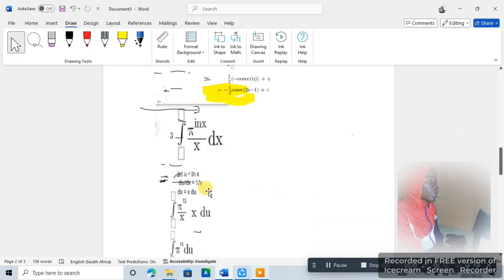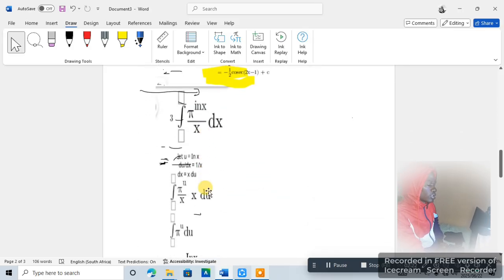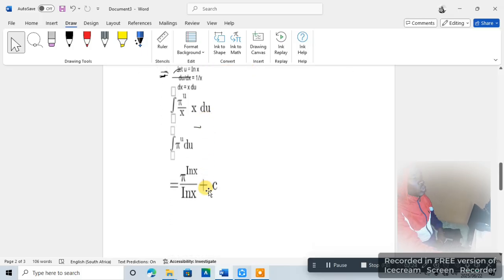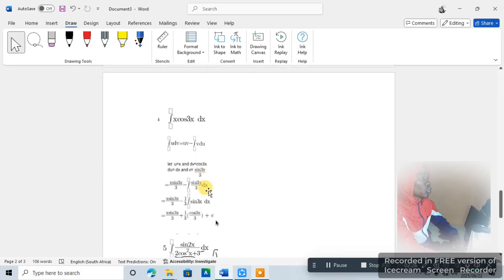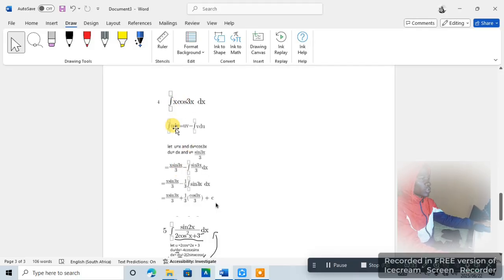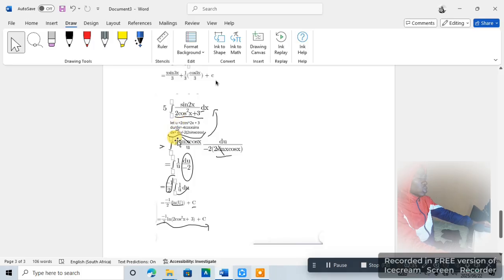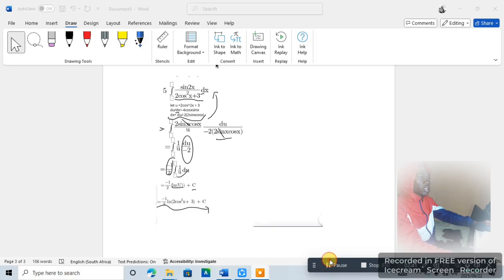Number 3 exactly is the use substitution too. Then number 4 was a little bit different, was integration by parts. Then number 5 then is a use substitution again. So thank you, guys.